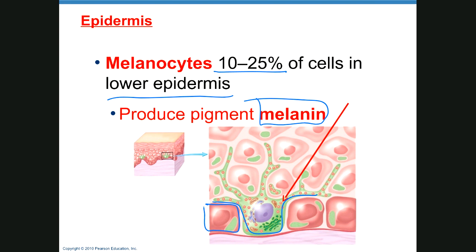Notice that the melanocytes put out these extensions of their cytoplasm, and they have the melanin granules inside, and here and there some parts of the cytoplasm pinch off, and they are sent upwards towards the layer of living cells. These vesicles are filled with melanin, and the melanin is going to position strategically on top of the nuclei of keratinocytes, protecting the nuclei from UV light radiation. So those are the melanocytes.